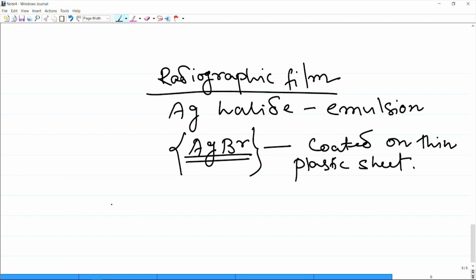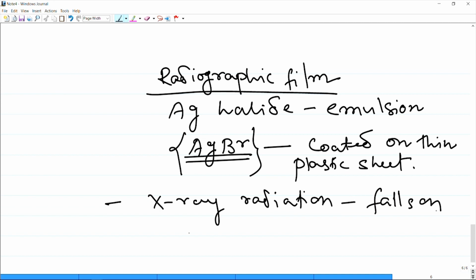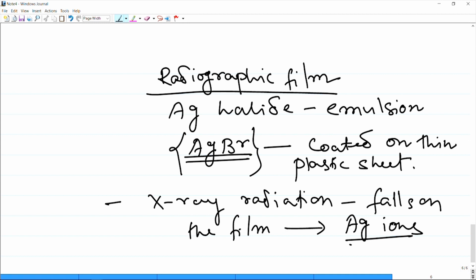That is what happens when X-ray intensity falls on this film and it liberates the silver ions. These liberated silver ions are the main responsible factor for the contrast or the darkening that you see on the X-ray film.